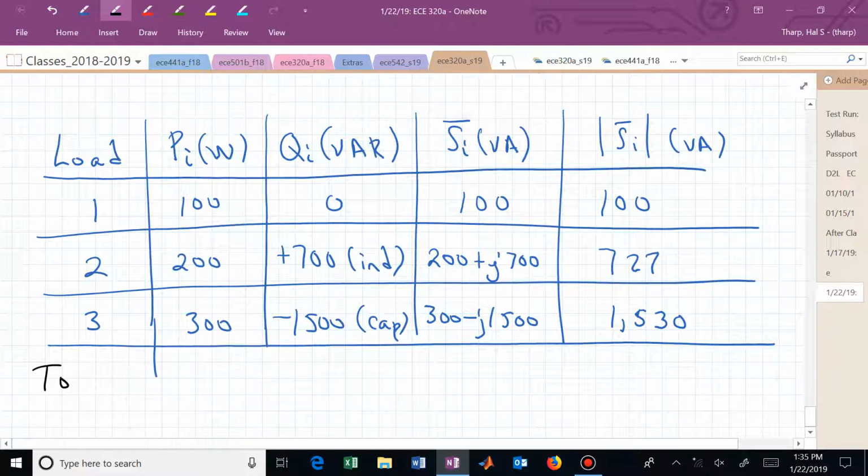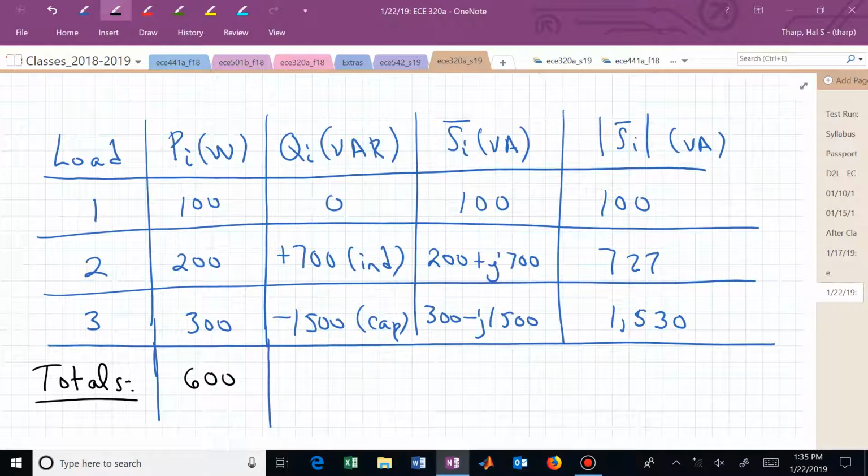We could now take all of these component part totals. We add up 100, 200, and 300 to obtain 600. We algebraically combine the reactive components, and we end up with minus 800.